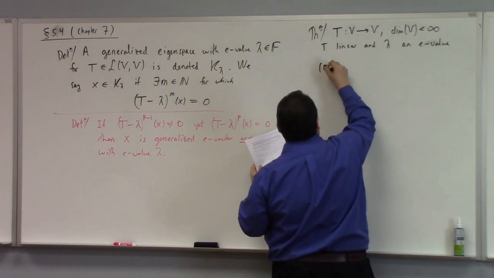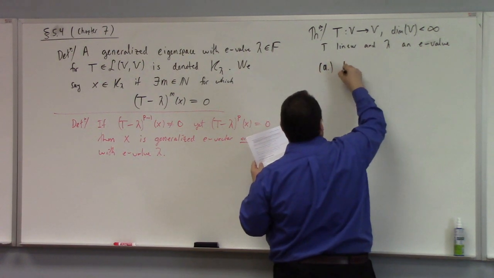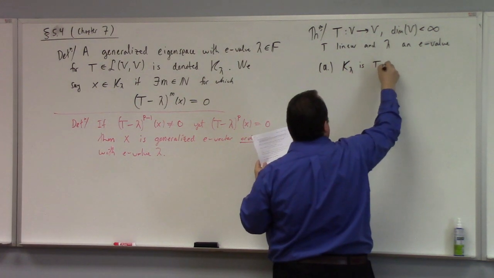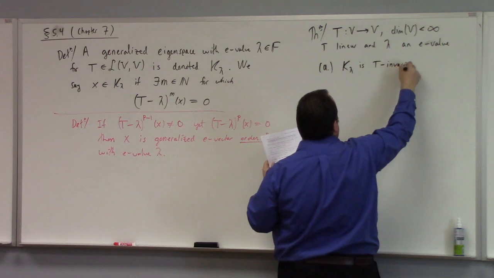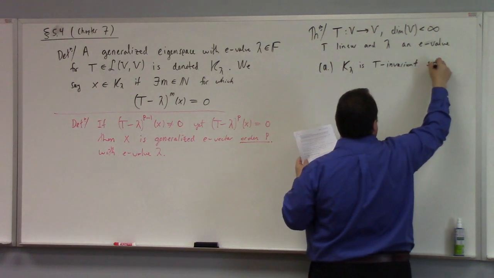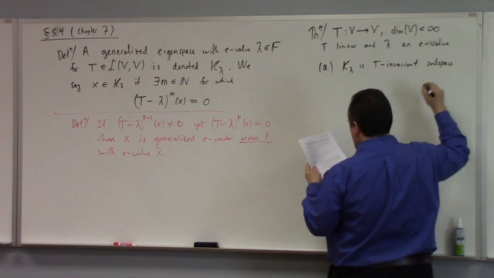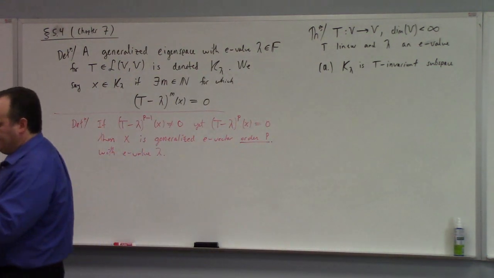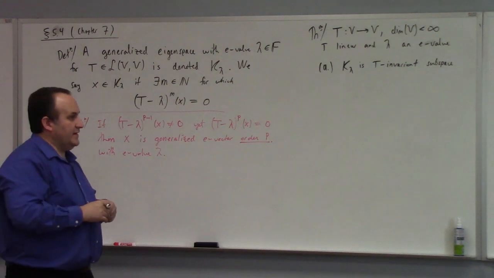Then here's a couple items for us. First of all, K lambda is a T-invariant subspace. All right. And we can say a little bit more.